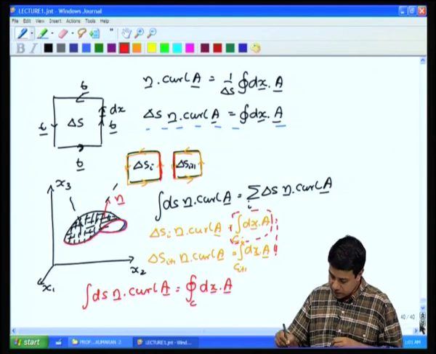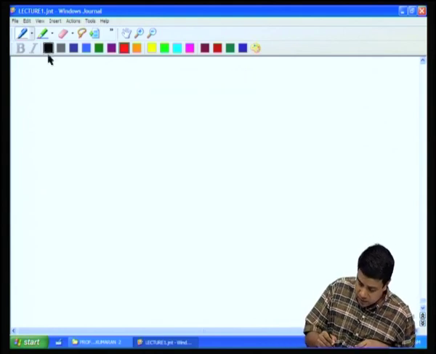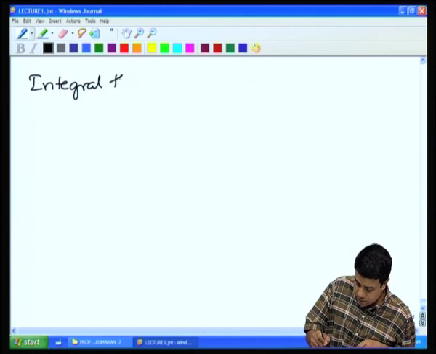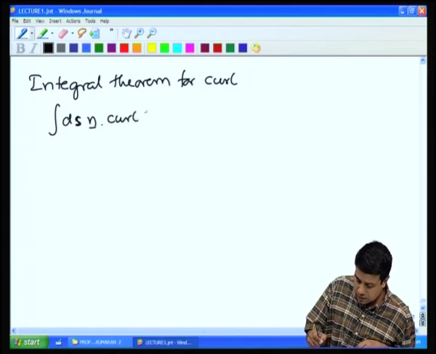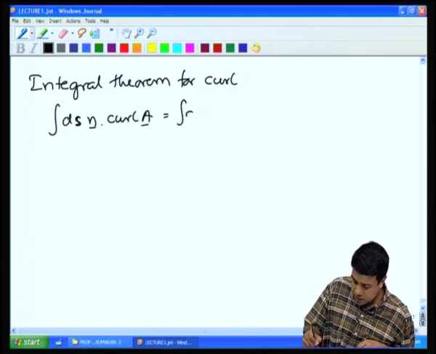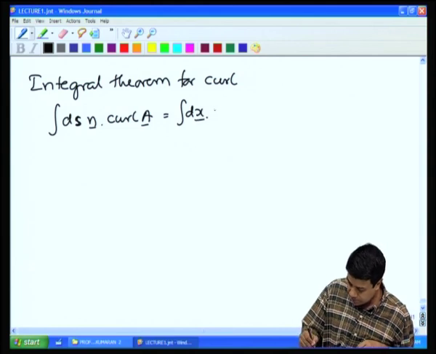So, this is the integral theorem for curl. Integral ds n dot curl A is equal to integral dx vector dotted with A over the contour.